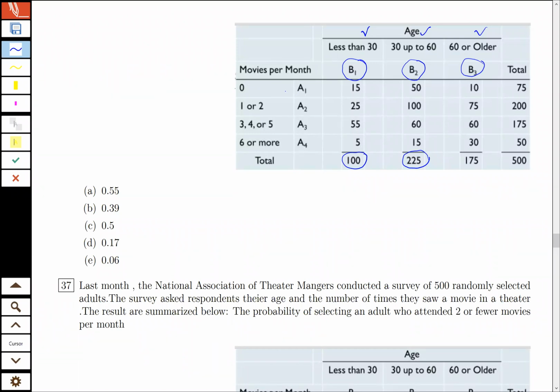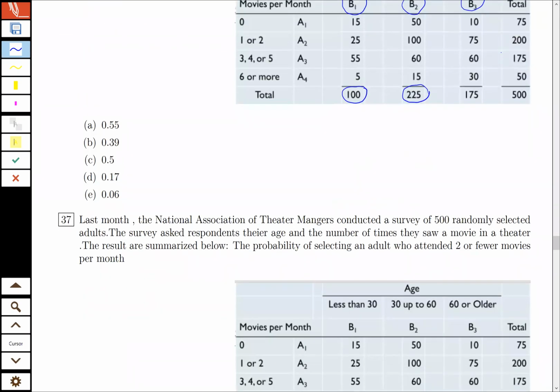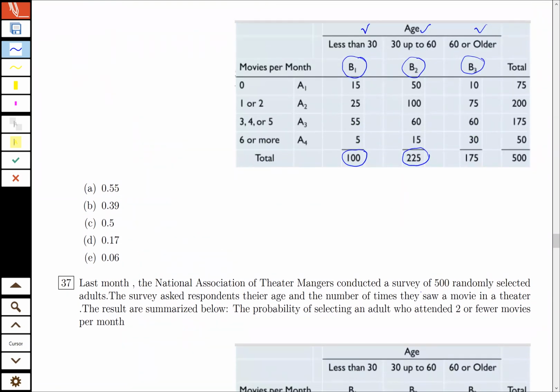So 0, the first event, they said they did not see any movie. We call it A1. Those who saw 1 or 2 movies, we call A2, and so on, 3, 4, or 5, and 6 or more, A4. Of course, there will be a common intersection between the two events.